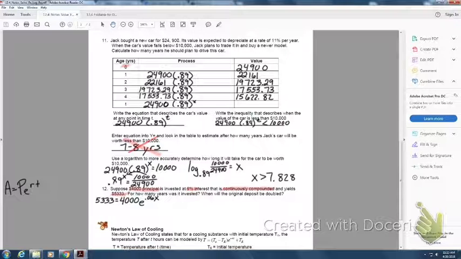What is my base and exponent, AJ? So how do I get that by itself? Fabulous. So I'd have 5,333 divided by 4,000 equals e to the power of 0.06x.